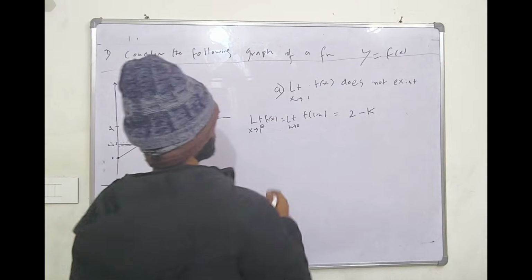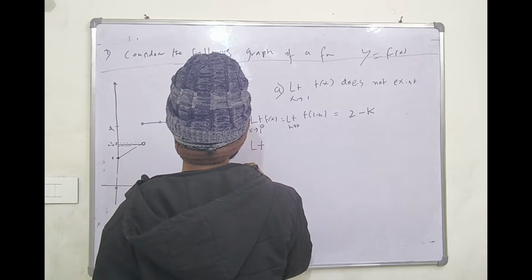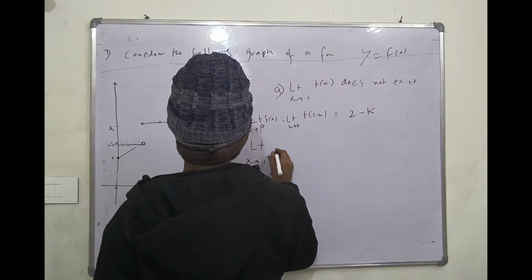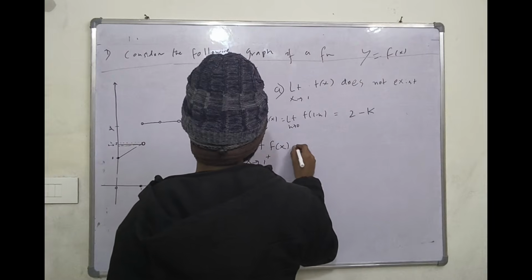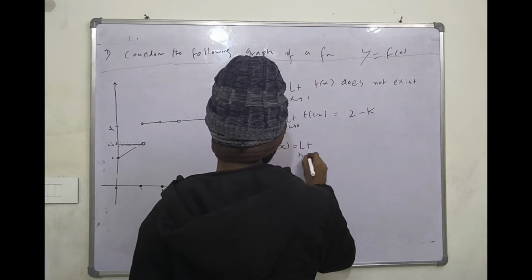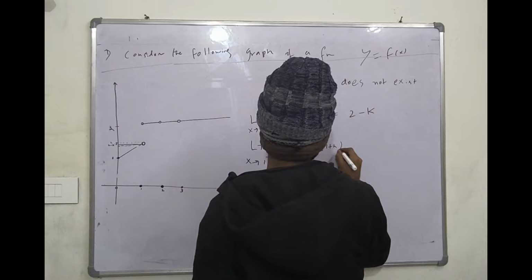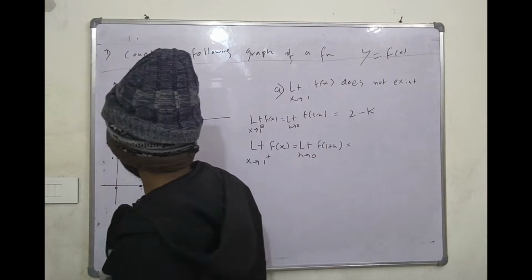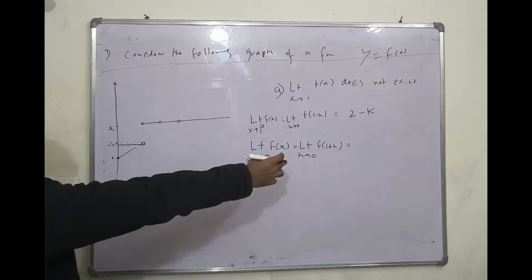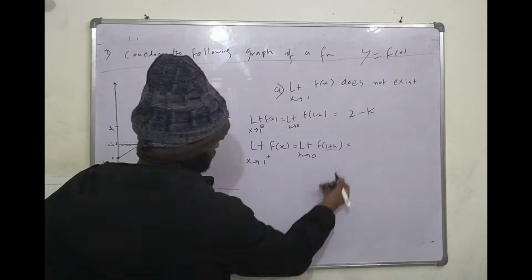Next, limit x tends to 1 plus f of x equals limit h tends to 0 f of 1 plus h. Since h is positive, this 1 plus h must be greater than 1.